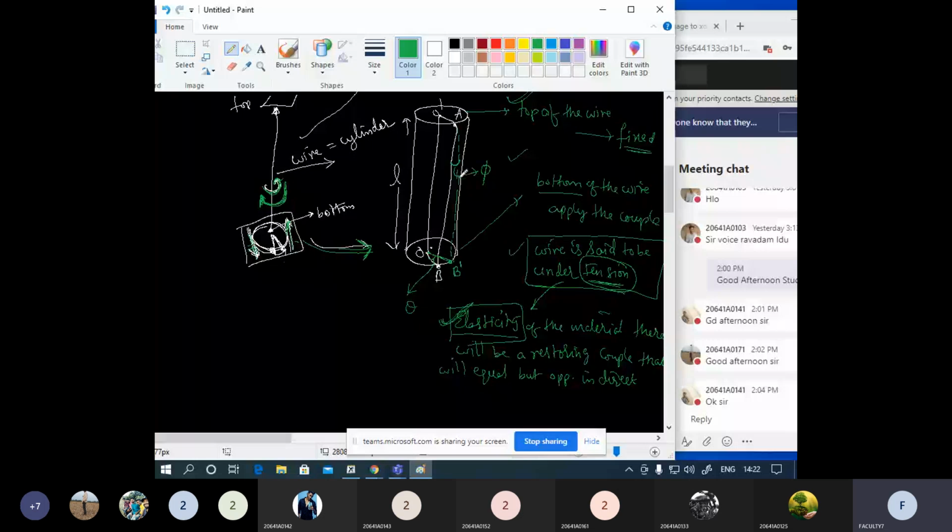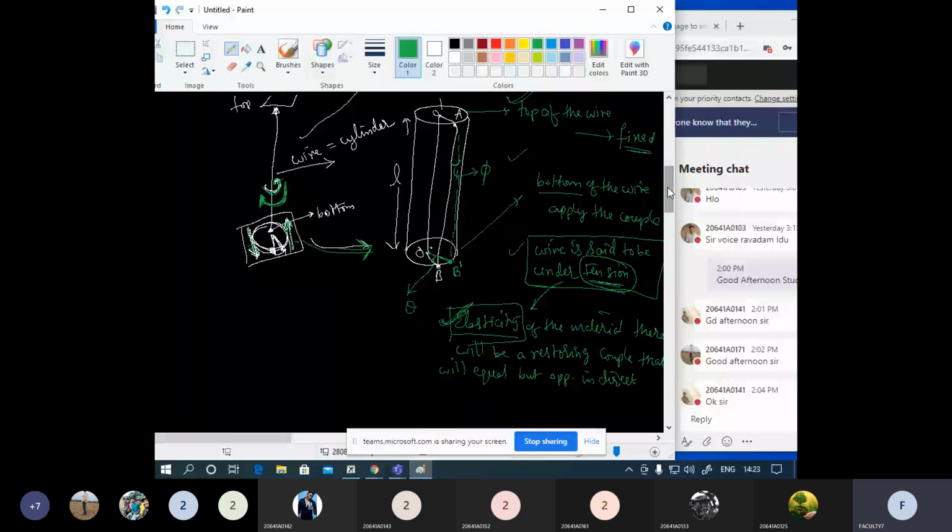Now for that we are going to get the derivation part. This particular theta is due to the torque, or the twist, or the couple you had applied, which results in angular displacement. Here phi is a shearing angle. Now let us get the derivation depending on these two.